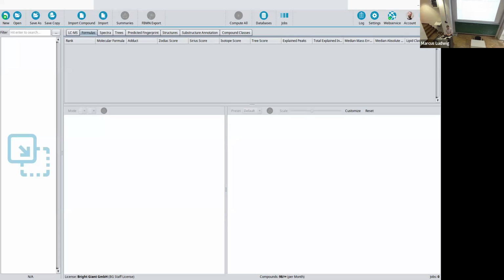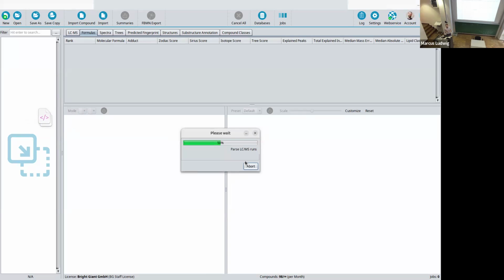The simplest way to get them into Sirius is to drag and drop them here into this part, and then it will ask you, do you want to align the two mzML files? Then you say yes, and it will just import. So this gives you an idea how we can start basically just from mzML.